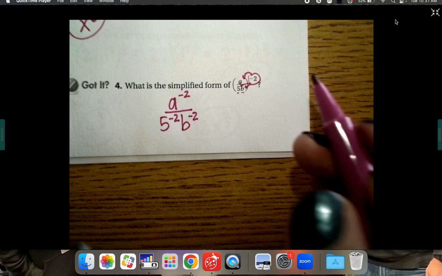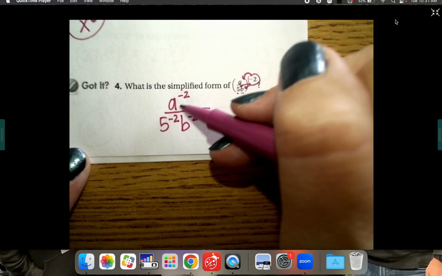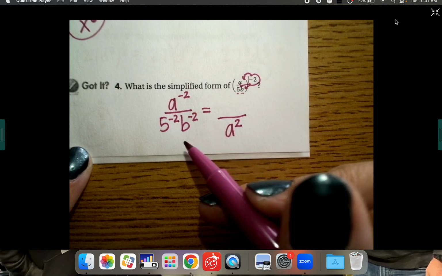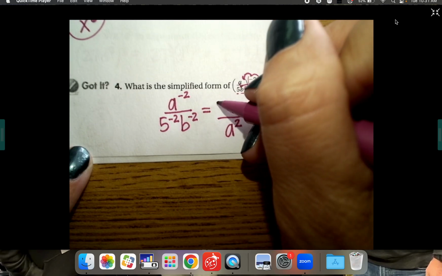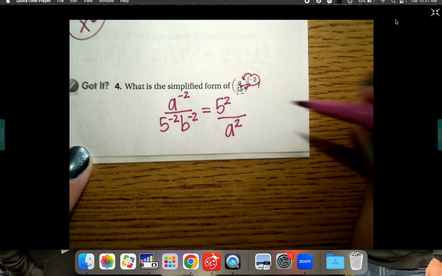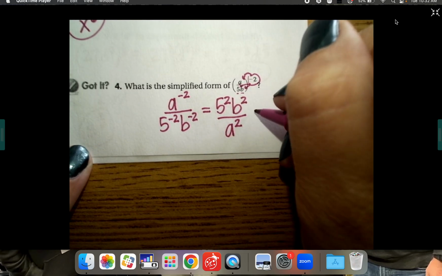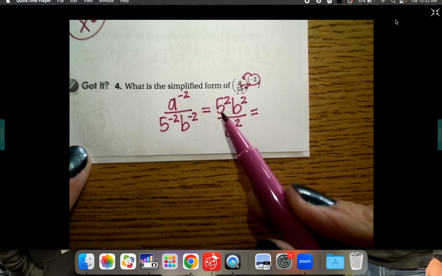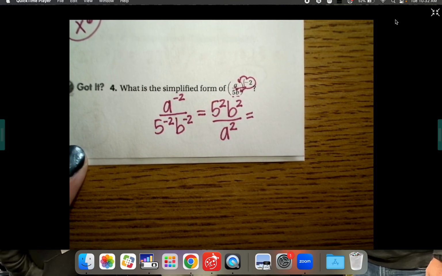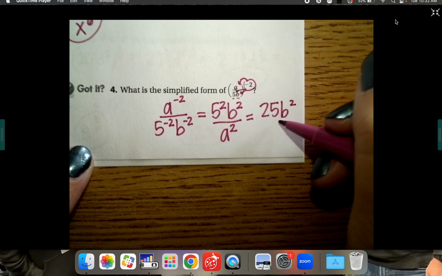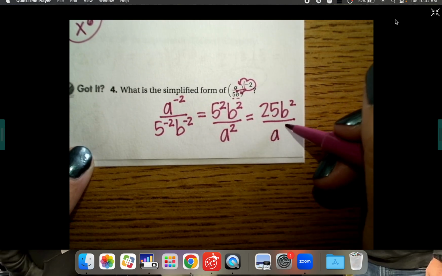So we're going to flip-flop all their spots. A to the negative 2 is going to go to the denominator to become positive. 5 to the negative 2 is going to go to the numerator and become positive. And B is also going to flip up there. And the only thing we have left to do is you can actually work out 5 squared. 5 times 5 is 25. Then you've got your B squared over, down here you've got A squared.